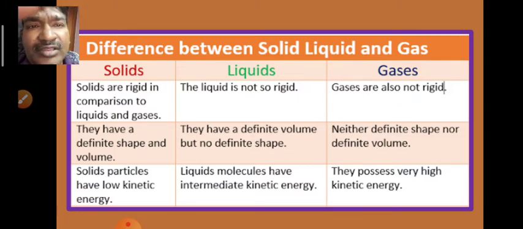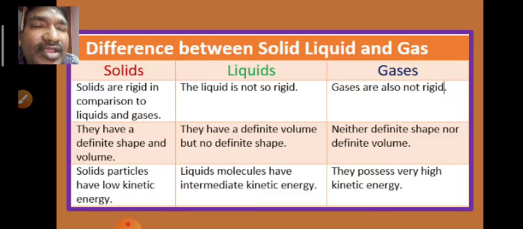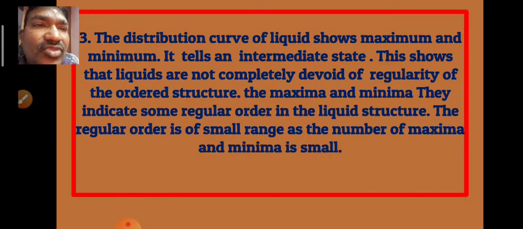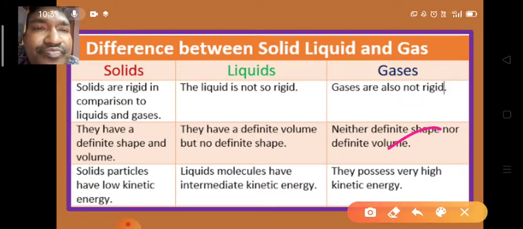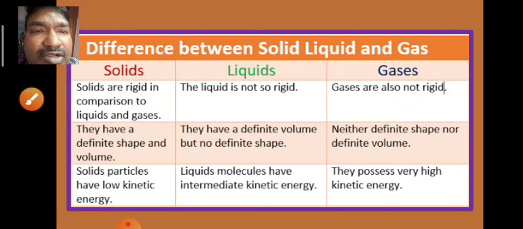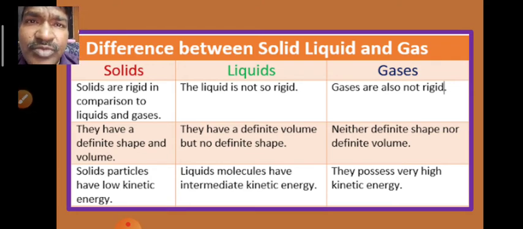Solids have a definite volume, whereas liquids also have a definite volume, but they don't have any definite shape. Gases do not have definite shape or definite volume. Next we go for the third point. Solid particles have low kinetic energy. There is no free movement for the particles of solids; they just vibrate about their mean positions.